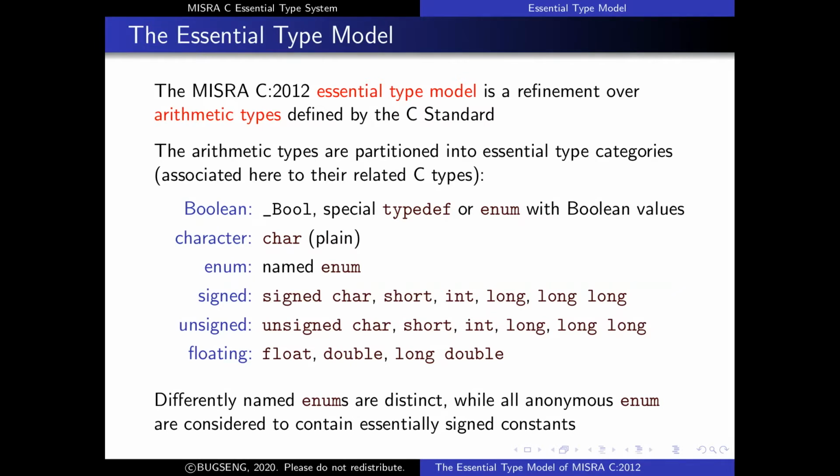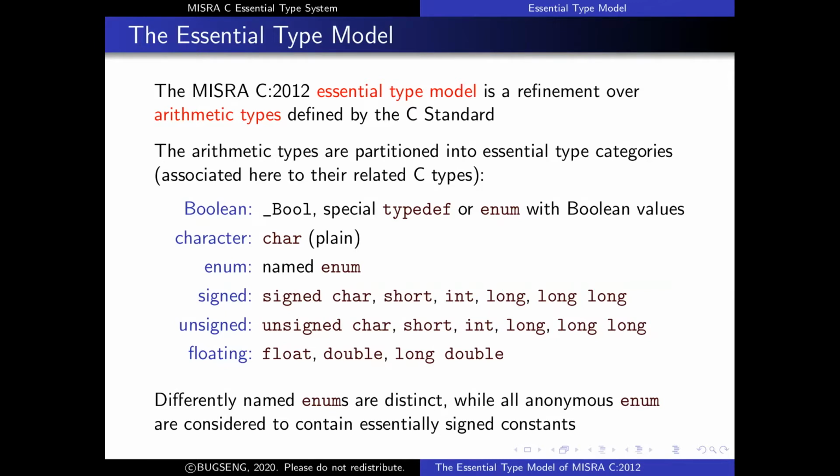There is the Boolean essential type category, which comprises underscore bool, available in C99 and later versions of the language, and special typedefs or enumerated values that have been defined by the user to represent booleans. So this is the only possibility in C90.